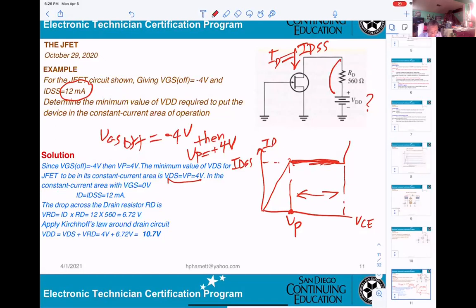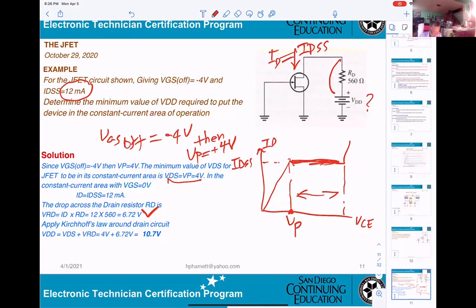You already know the current will be IDSS, 12 milliamp. You multiply 12 milliamp times 560 ohm, and you get 6.72 volt.